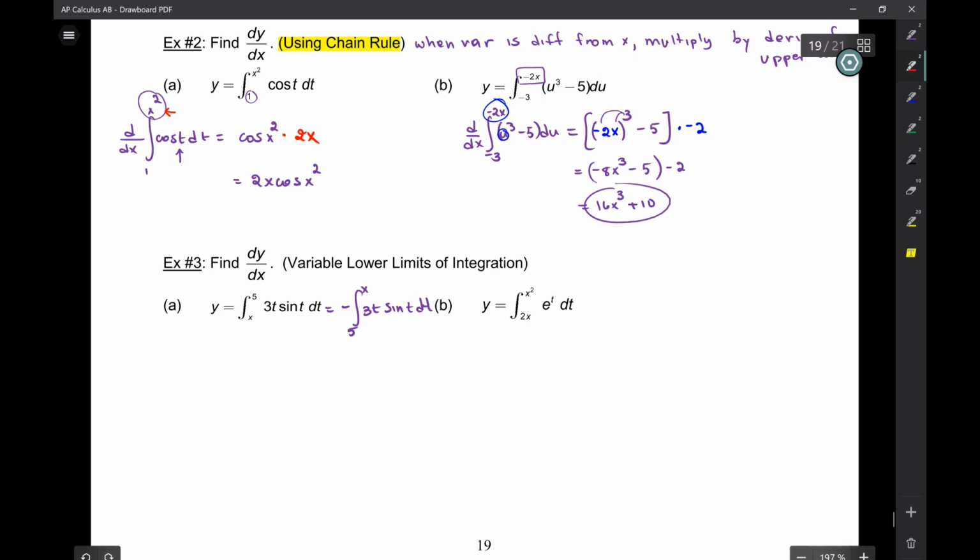The variable is just x, right? So it's going to be d dx of negative the integral from 5 to x of 3t sine t dt. So that's going to be negative 3x sine x. That's the answer.